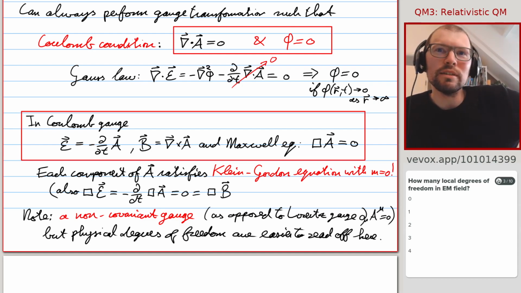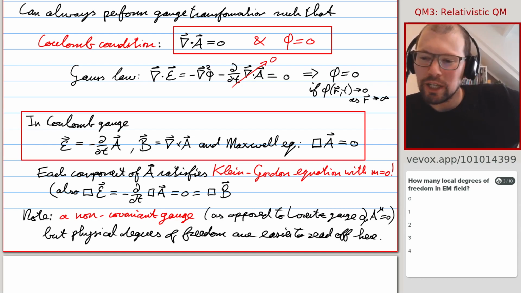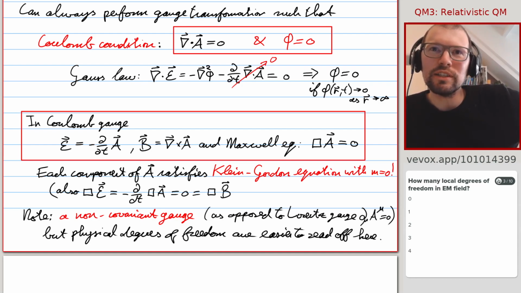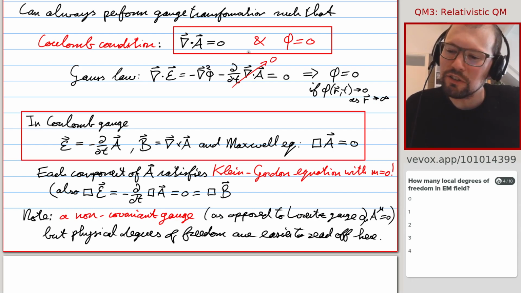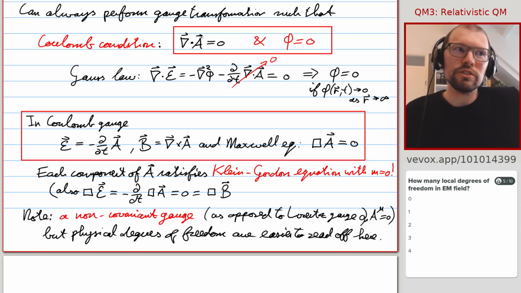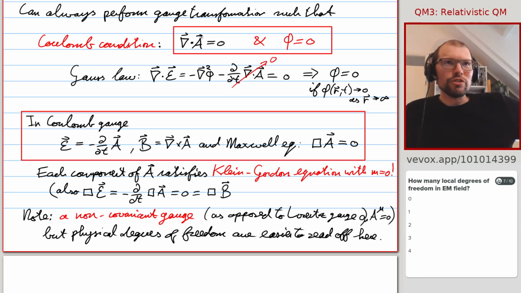Just counting, how many local parameters can I change in the vector potential? Our physical description is a scalar potential and a vector potential, or if you like, the 4-potential. So there are certainly at most 4 degrees of freedom.